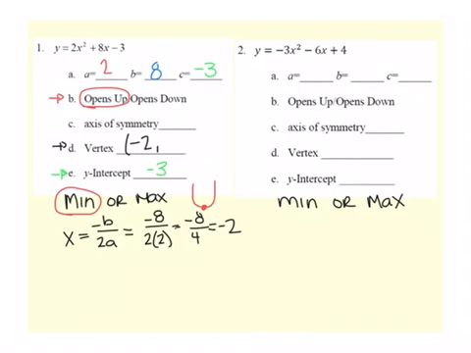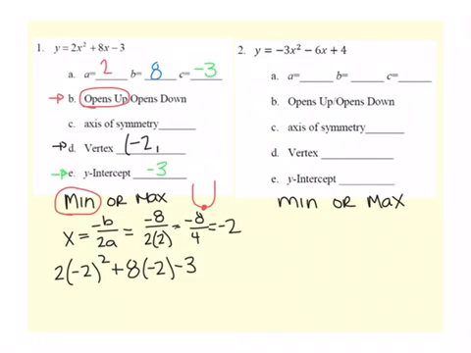And now to find the y value, I'm going to plug that back into the original equation. The y equals 2x squared plus 8x minus 3. So I'm going to have 2 times -2 squared plus 8 times -2 minus 3. And you can plug this all into your calculator just like you see it, or you can do it piece by piece.